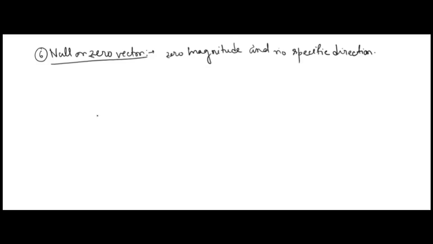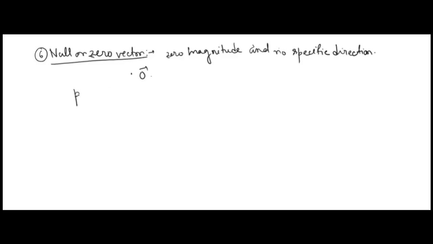The zero vector is represented by a point. For example, the position vector of a particle at the origin is a zero vector. The displacement vector of a stationary object is a zero vector.